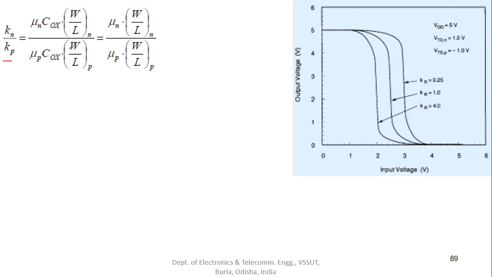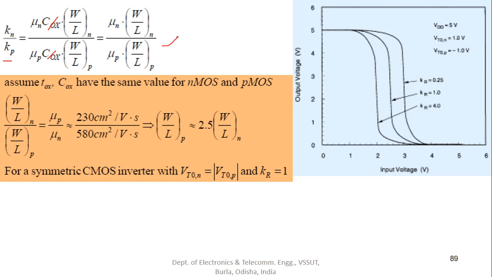Cancel out this C oxide, assuming that C oxide for both of the devices are equal, and we are left with this ratio. For a symmetric inverter, we have just seen that Kn by Kp is equal to 1. So insert that condition here, and you will get that W by Lp should be equal to 2.5 times W by Ln. So what does this indicate?